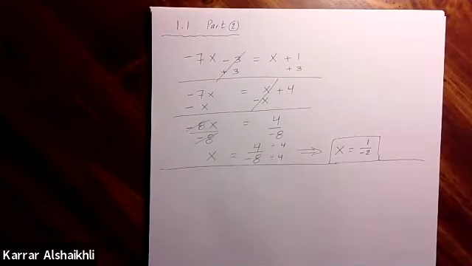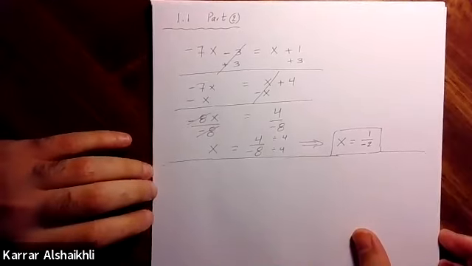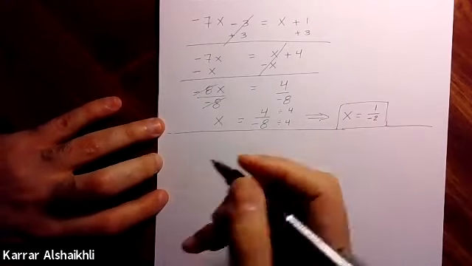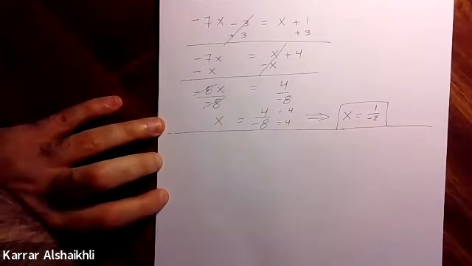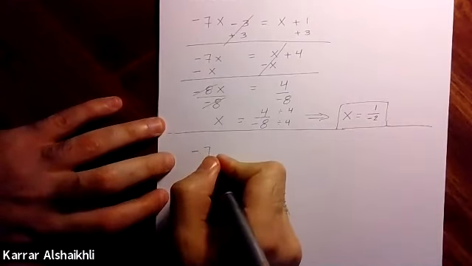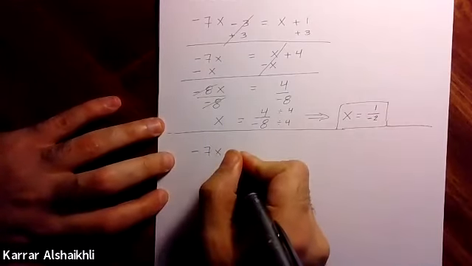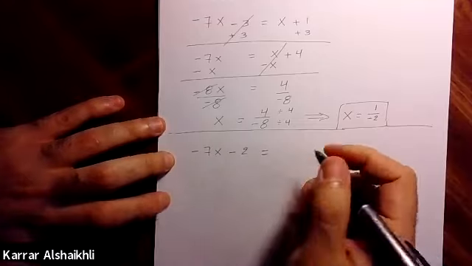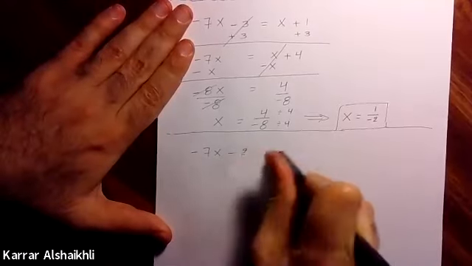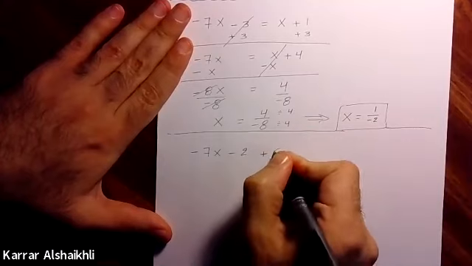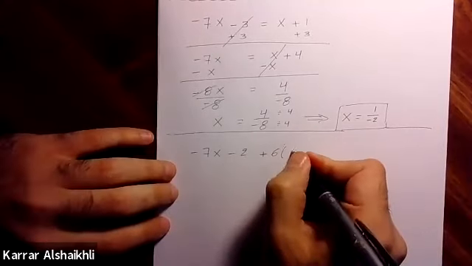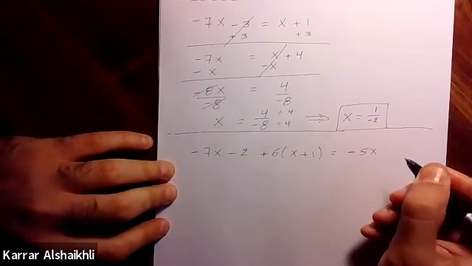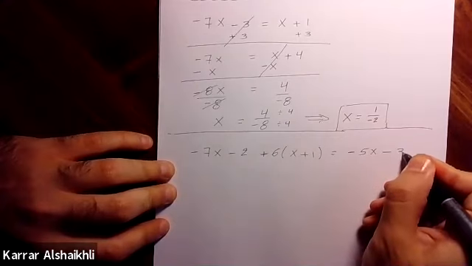The same thing, if you have this example, let's do this one: negative 7x minus 2, equal, let's do it plus 6x plus 1, equal negative 5x minus 3.